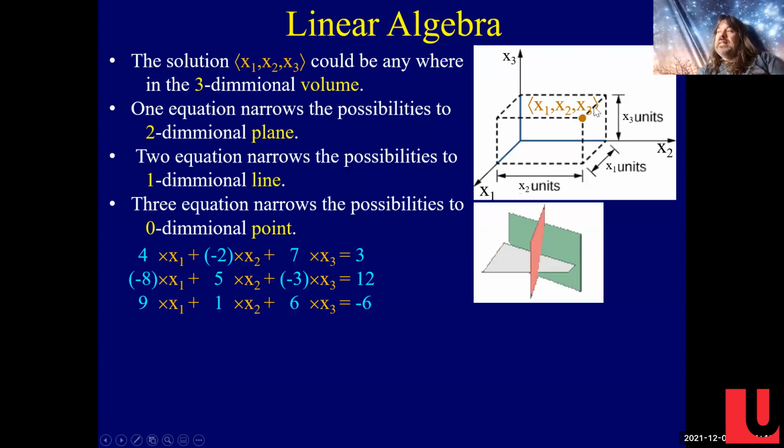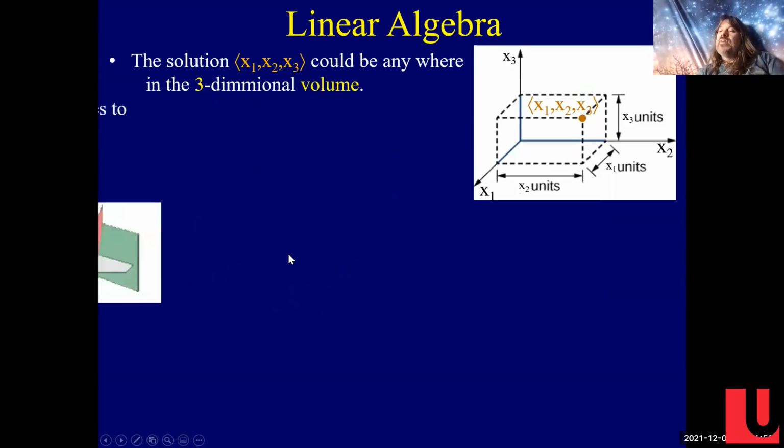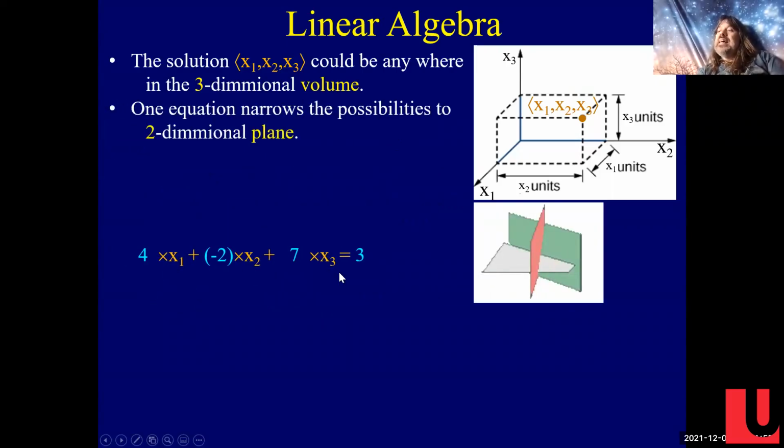So we have three numbers, and so this point could be anywhere in this three-dimensional space, right? Now, if I give you one equation, it's like telling you one piece of information about the point, right? I'm telling you the point that I want has to satisfy this equation. Does that make sense? Yeah.